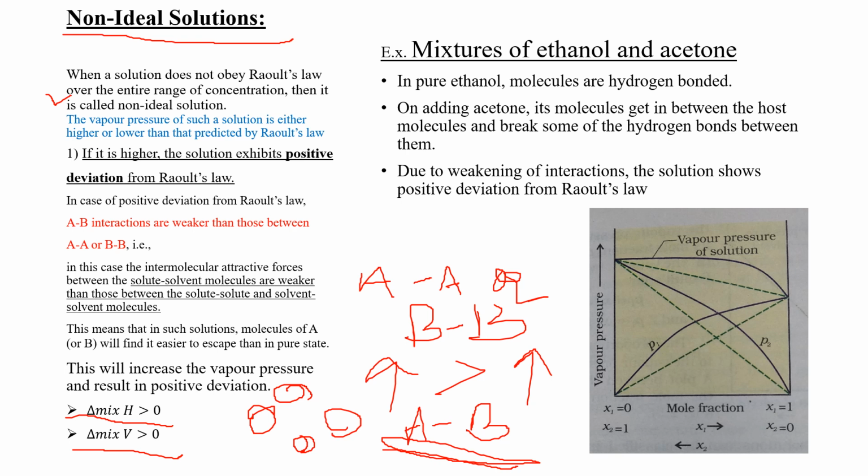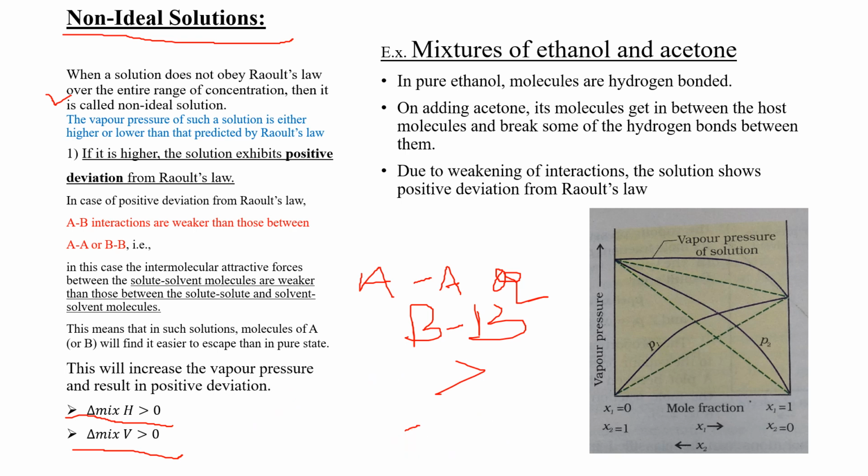This can be further shown by a graph. Here these dotted lines show the graph for an ideal solution, whereas when there is a deviation from ideal behavior of the solution, then as the deviation is positive, the interaction of the solution particles is weaker. As the deviation is positive, the graph will move towards the positive side.